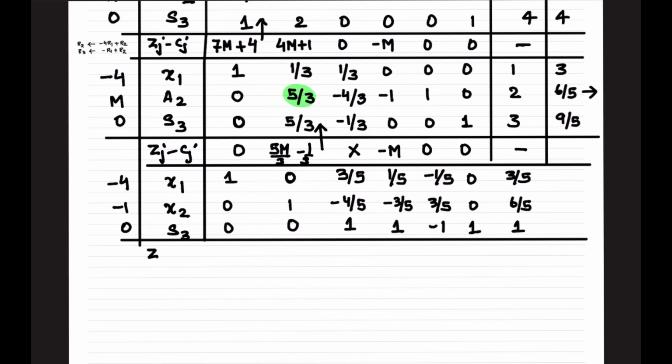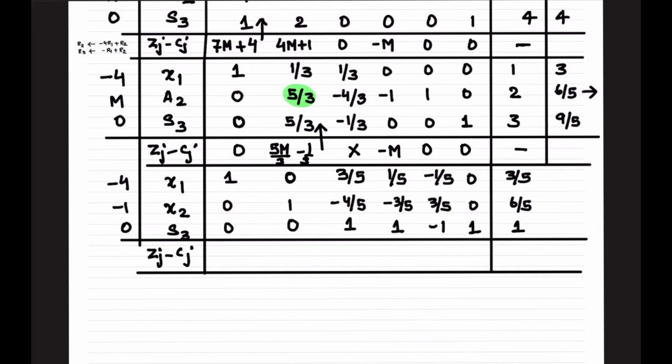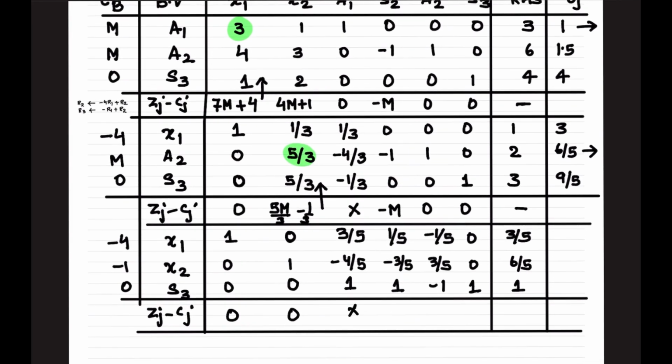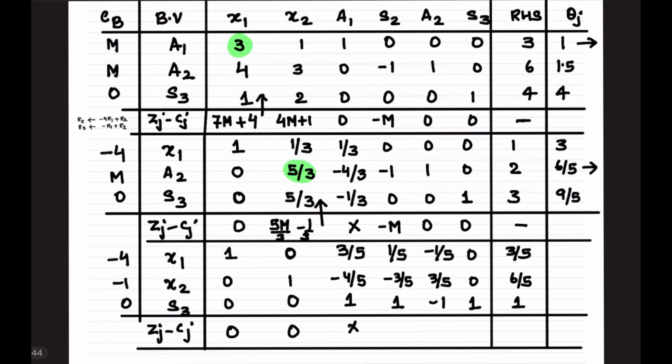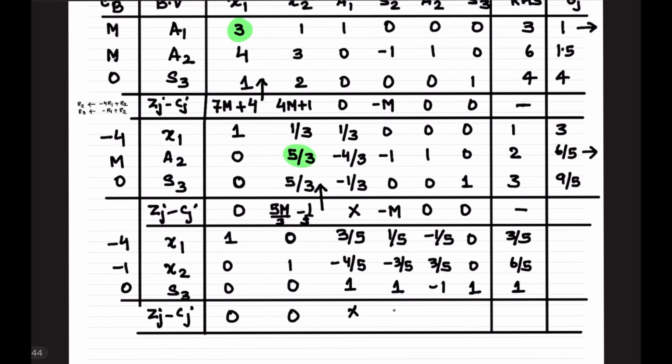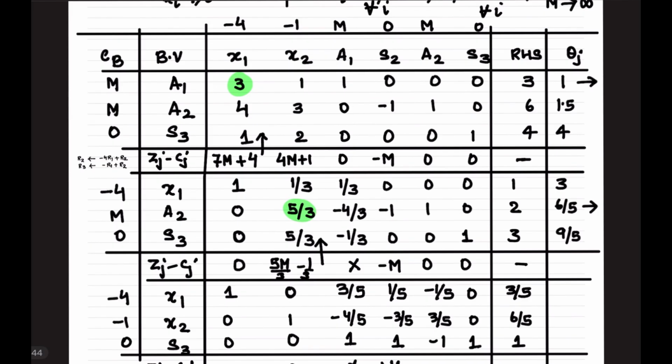Now calculate Zj minus Cj. So this is 0. This is 0. For this, you don't calculate because it is an artificial variable. So we can skip that. S2 we need to calculate because it is a surplus. So -4/5 plus 3/5, that is -4 plus 3 is -1/5.